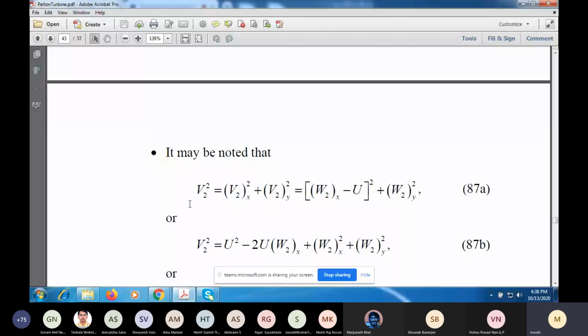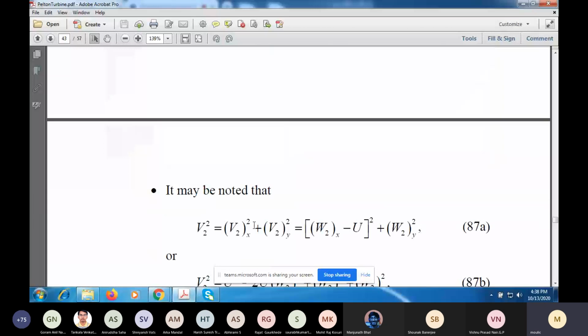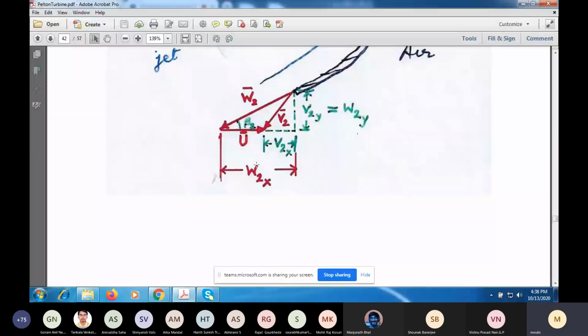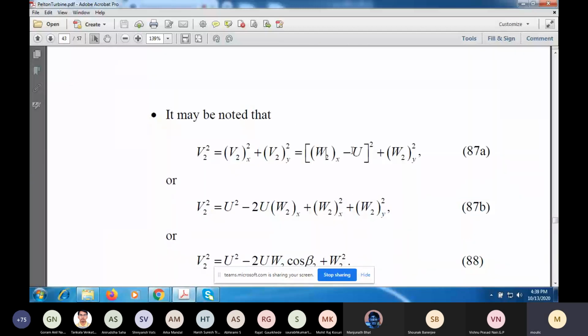So if I want V2 squared, then it is simply V2x squared plus V2y squared, where V2x is the x component of the vector V2 and V2y is the y component. Now the y component of V2 is the same as the W2 y component, and V2x is W2x minus u. W2x is larger than V2x. So square it and look at this term here, W2x minus u whole square.